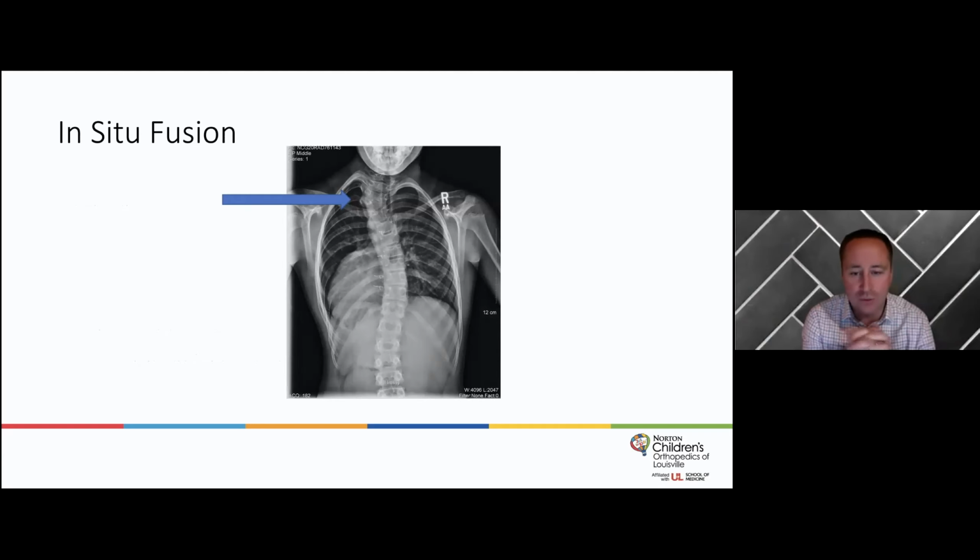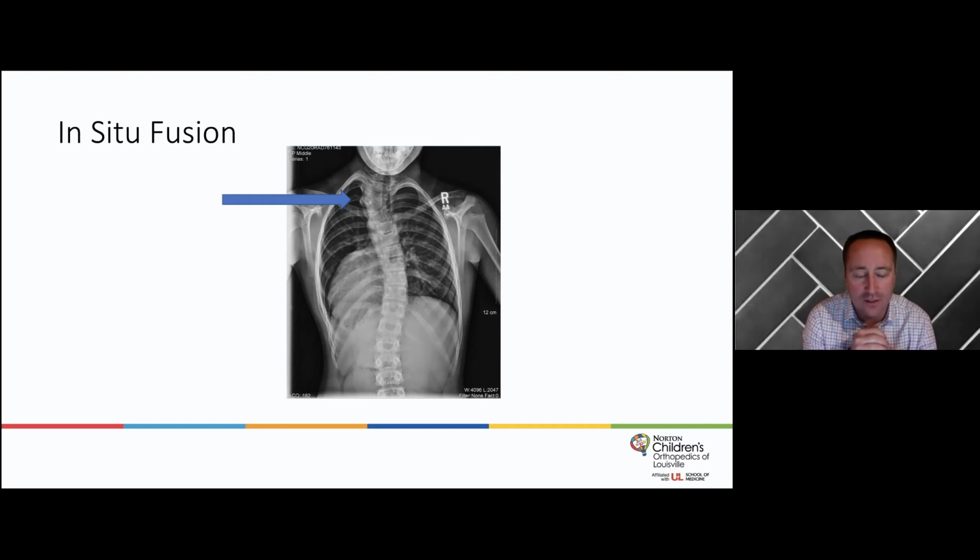But that is a very risky area to remove a hemivertebra. That's up there around T3 and T4. You get close to the aorta and the azygos vein.